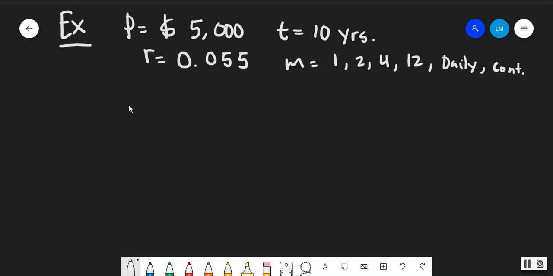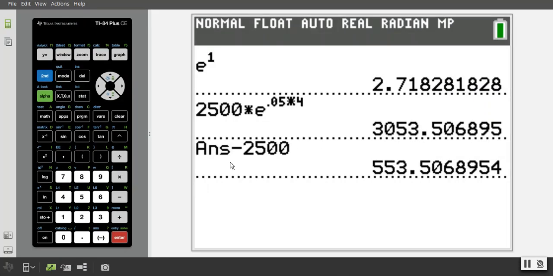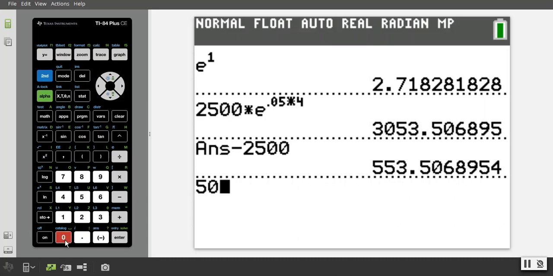So when the compounding is annual, all we need to do is plug into our formula. We have 5,000 multiplied by 1 plus 0.055, but it's annual, so it's raised to the 10. Okay, so we just push enter.